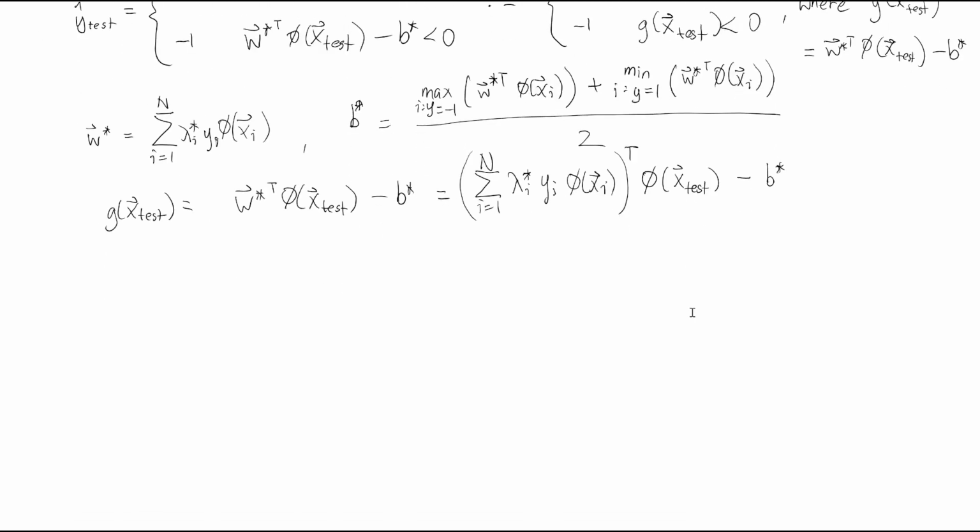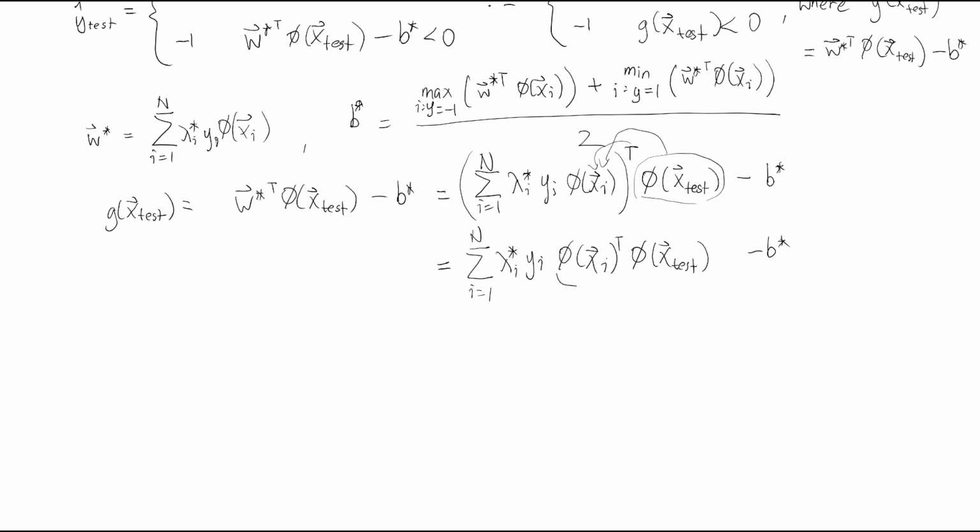So now let's simplify a little bit. We're just going to bring the phi of x test into the sum, and then apply the transpose. The only vector inside the sum is going to be phi, so the transpose also goes in. So this becomes the sum of lambda i star yi phi of xi transpose phi of x test, and then minus B on the outside.